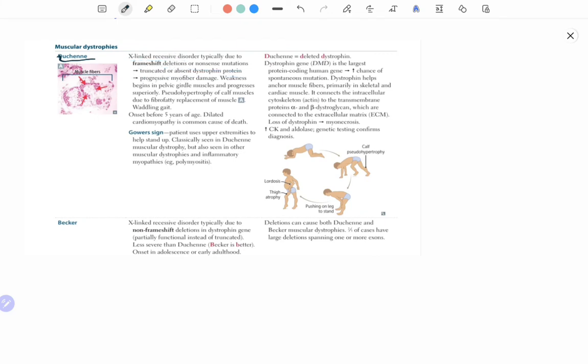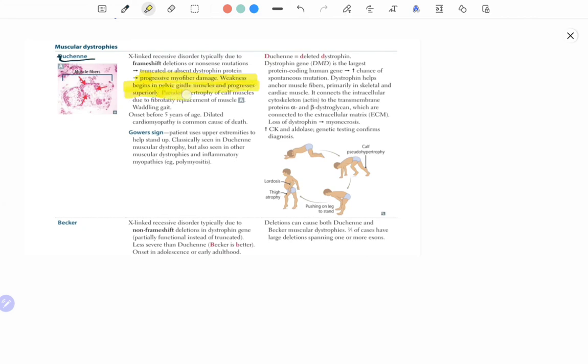This may lead to progressive myofiber damage, and weakness begins with the pelvic girdle and progresses upward, as we talked about.